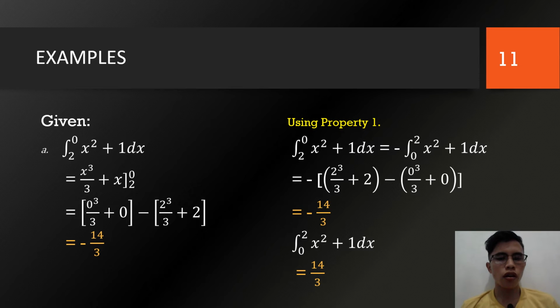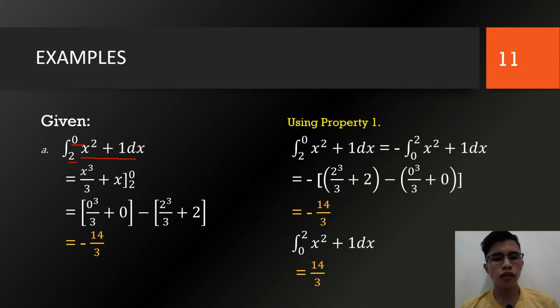So our lower limit is 2 and our upper limit is 0. So first, we are going to find the integral of x squared plus 1 dx. So the integral of x squared is x raised to 3 all over 3 plus the integral of 1 is equal to x. Then integrated from 2 to 0.